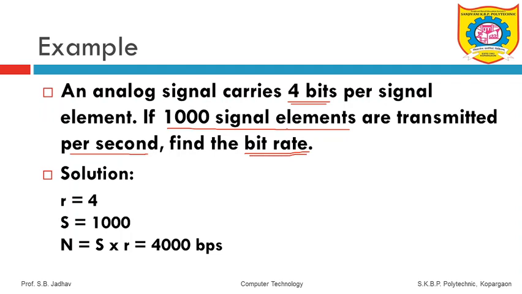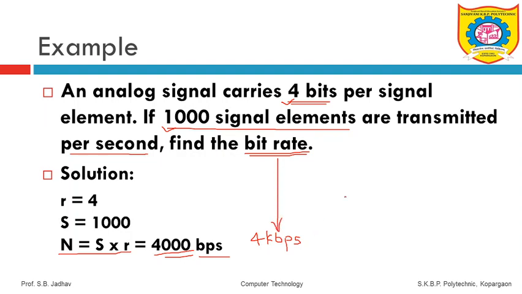Again, signal elements are given, which means the baud rate is given, and we can calculate using the formula N equals S into R, where R is 4 bits per symbol and the baud rate is 1000. So 1000 into 4 is 4000 bits per second, or 4 kbps.